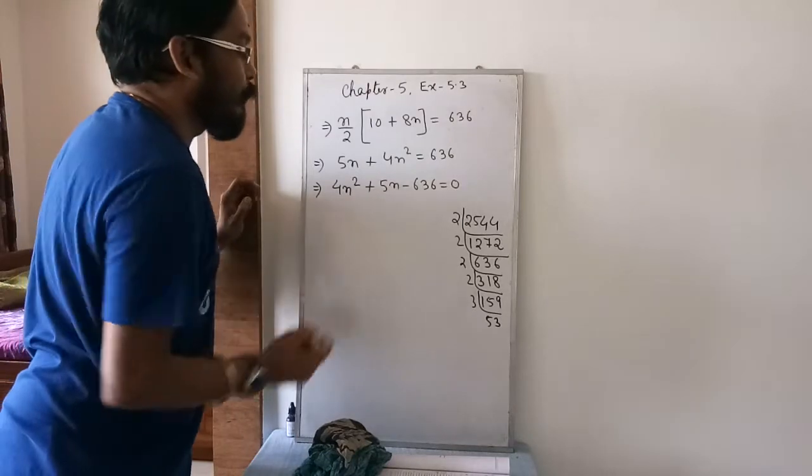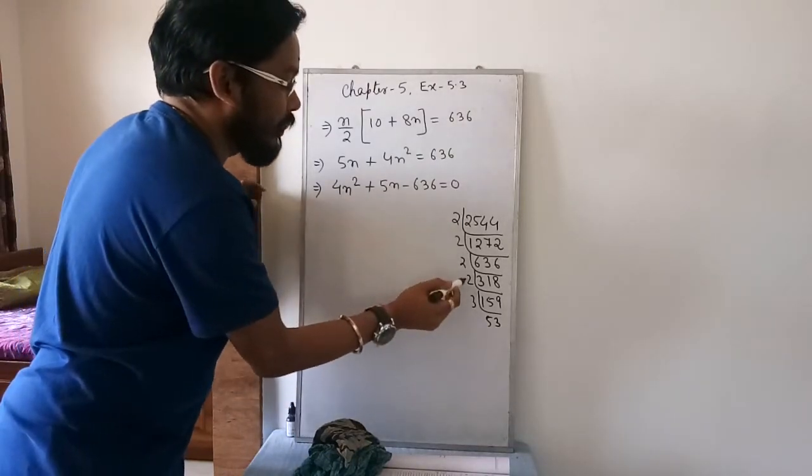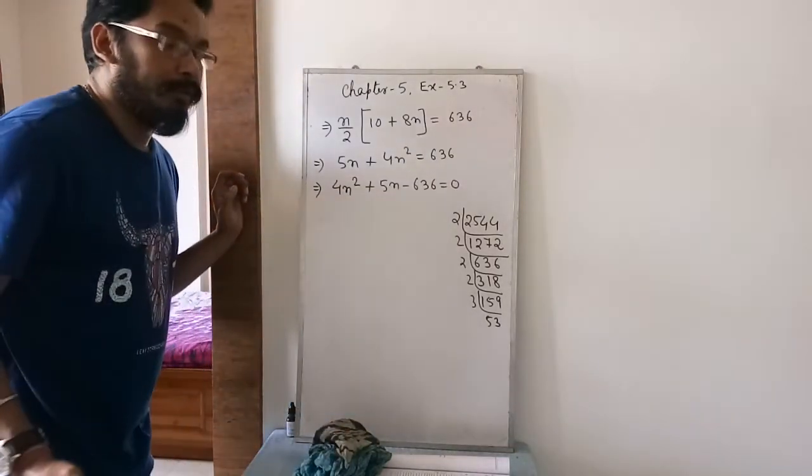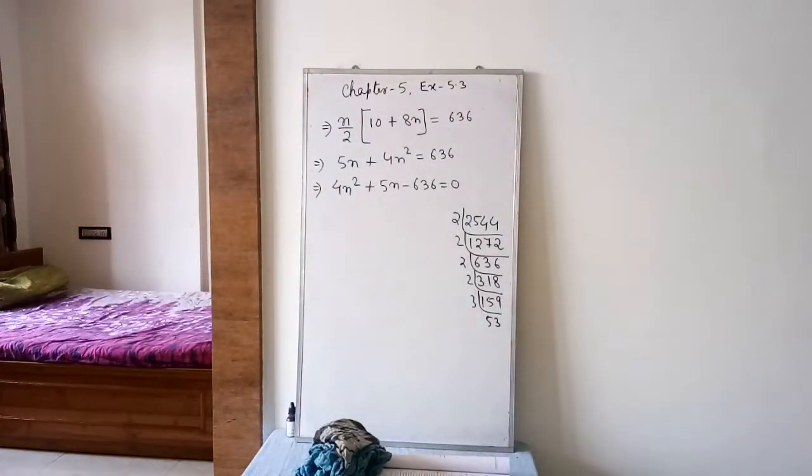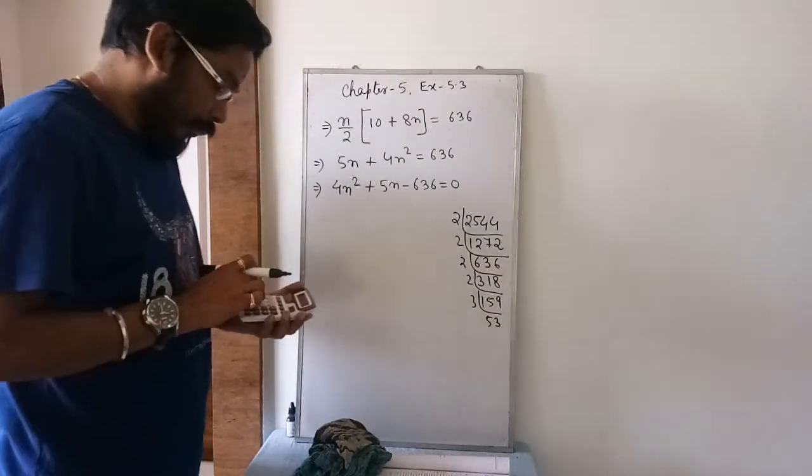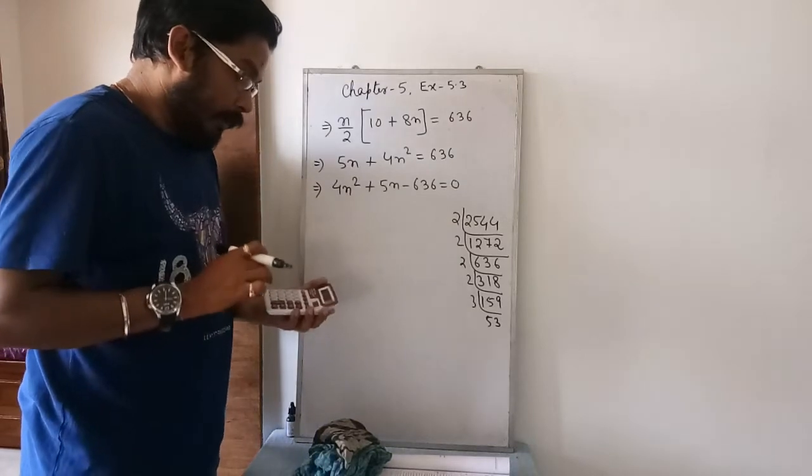I have to take the difference, and I have to bring the middle term 5n as 53 minus 48, since 53 minus 48 gives 5.